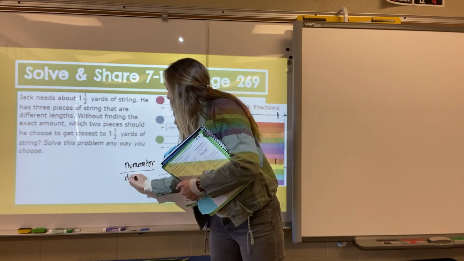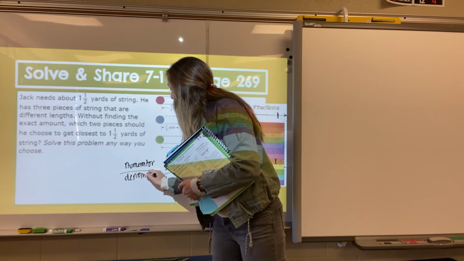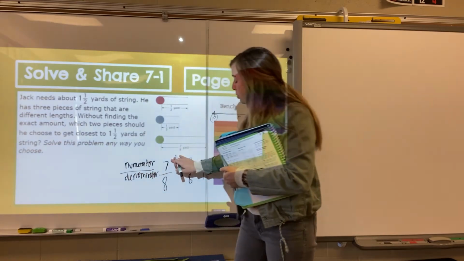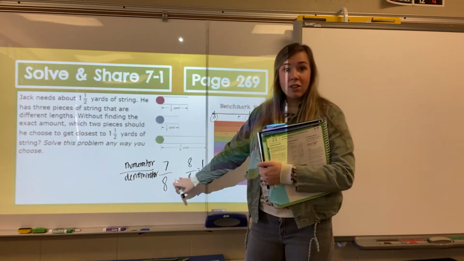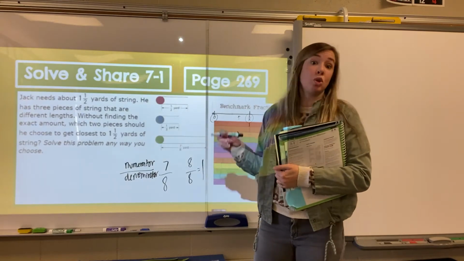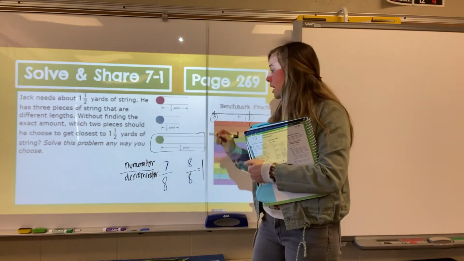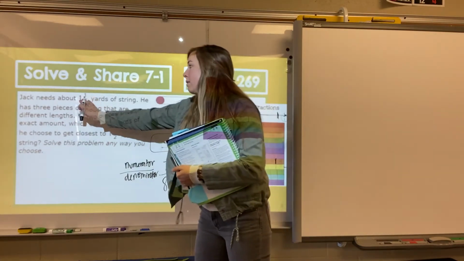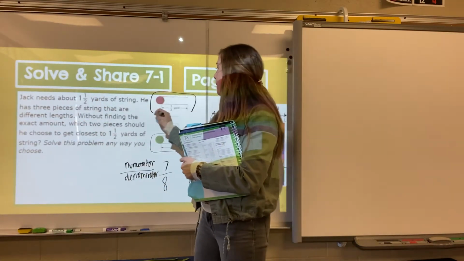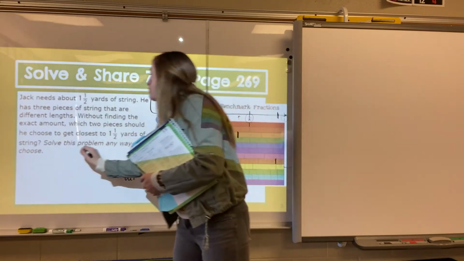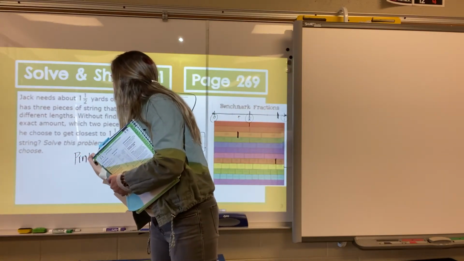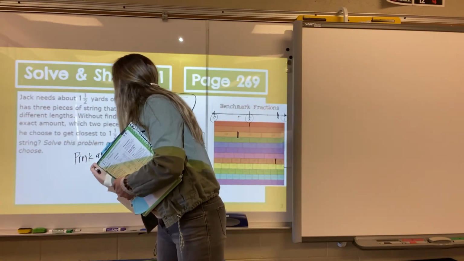Bottom number is the denominator. If my numerator is 1 less than the denominator, then that means it's very, very close to 1 whole. So I know I'm going to use my green string because that's about my 1 that he needs. And then I'll use my pink string because that's the 1/2 a yard. So he's going to use pink and green.